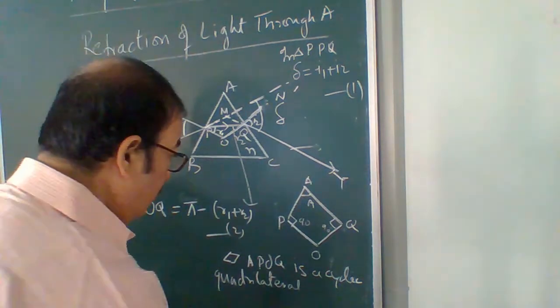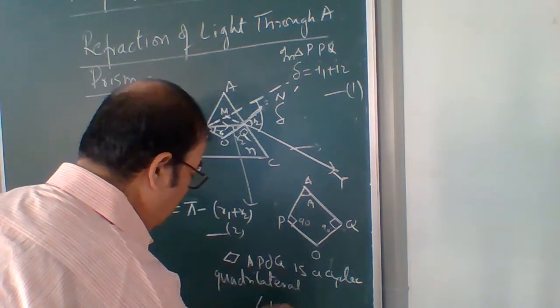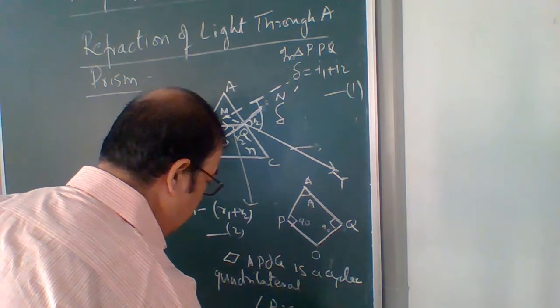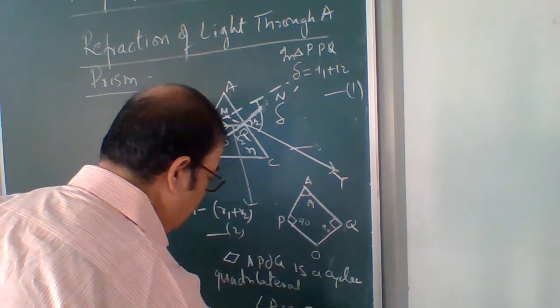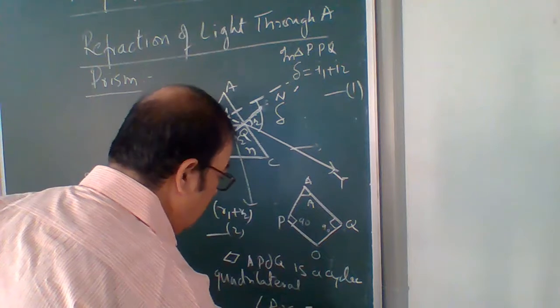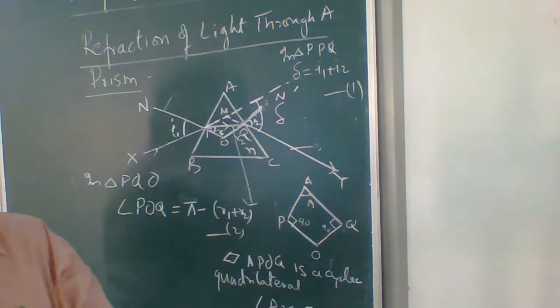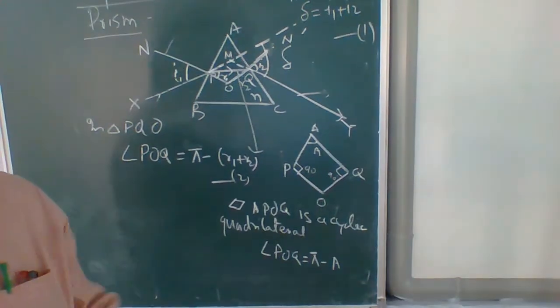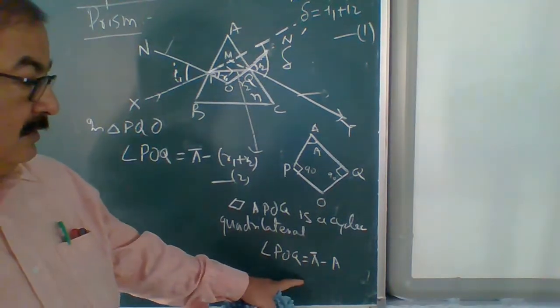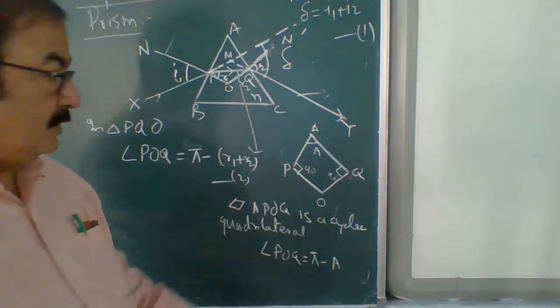And therefore we have angle POQ must be equal to pi minus A. A is the angle of prism. Always remember the top angle is considered to be the angle of prism. This is your equation number 3.